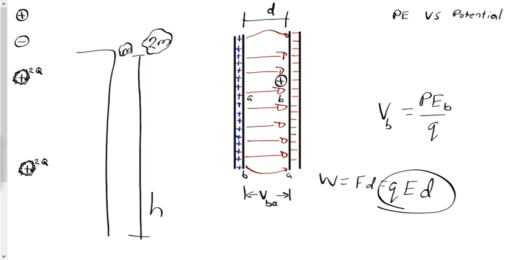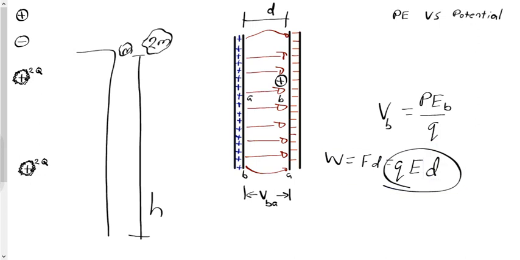Let me also relate these two equations to each other. So if I look at this equation here, again, voltage is equal to the change in electric potential, otherwise known as the change in potential energy per charge. So with that said, let me multiply each side by Q. And what is the change in potential energy equal to?